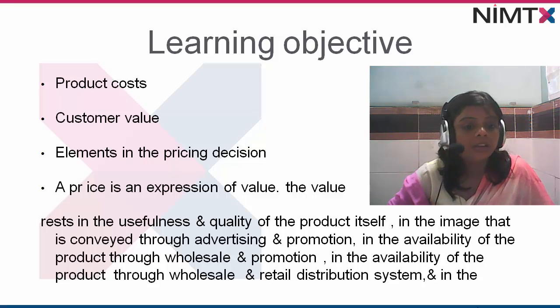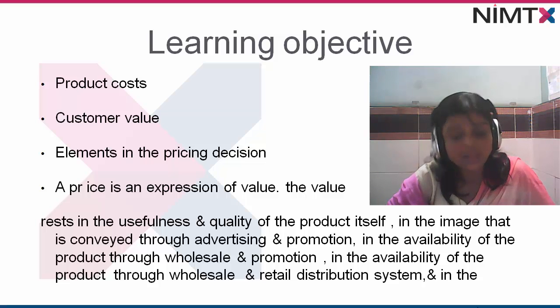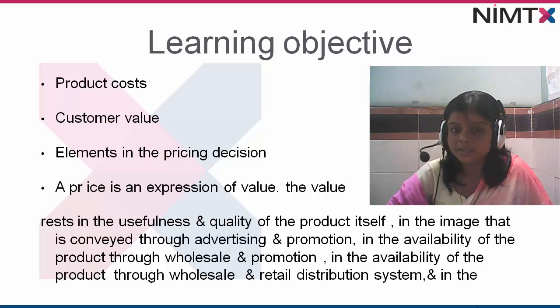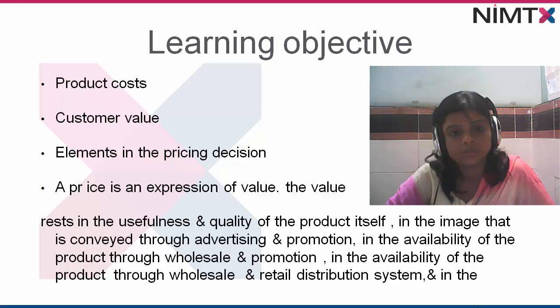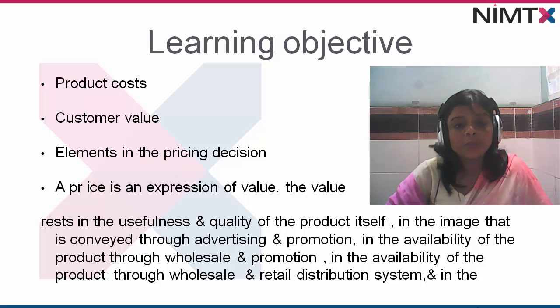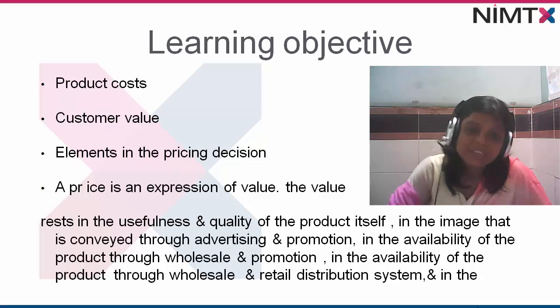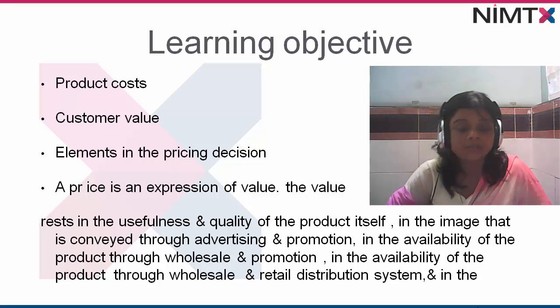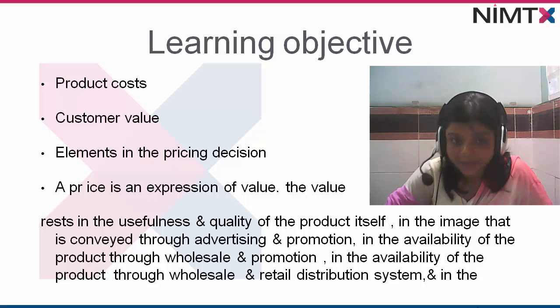The value rests in the usefulness and quality of the product itself, because every product has its own characteristics and its own attributes, and by their characteristics you are always able to make the difference between product A and product B. If you have two products, one is product A and another one is product B.